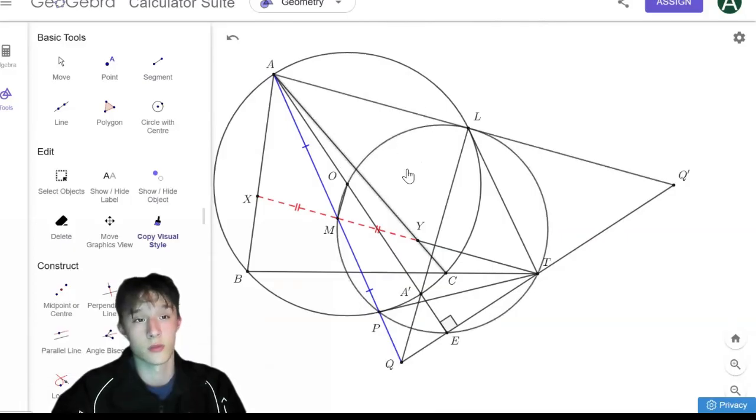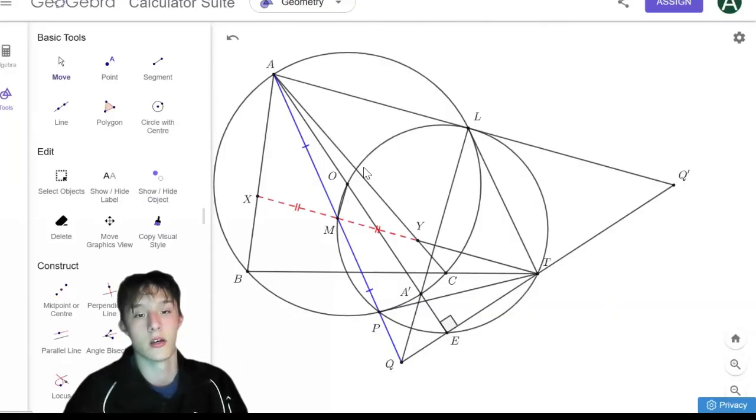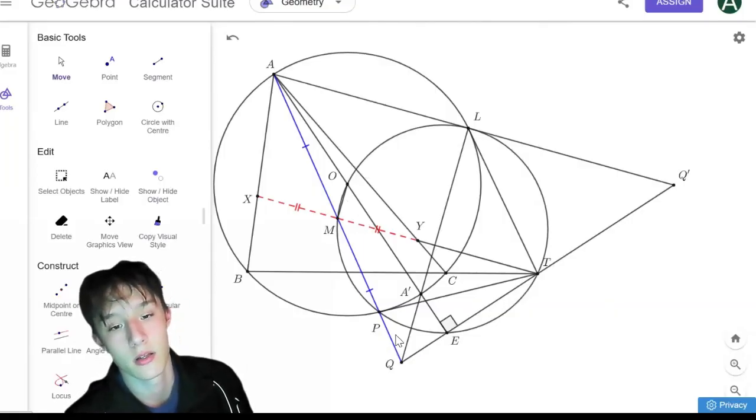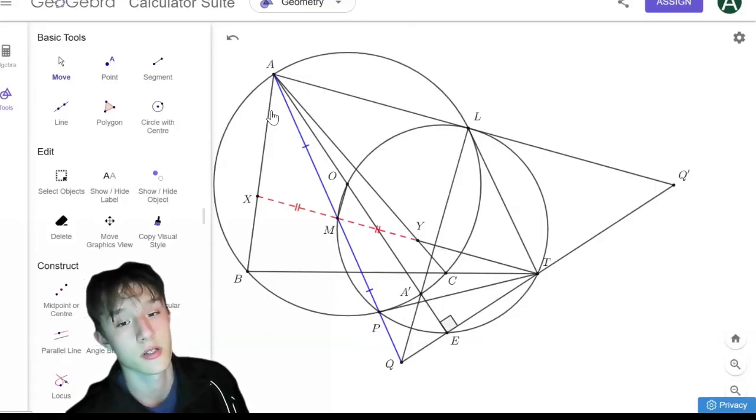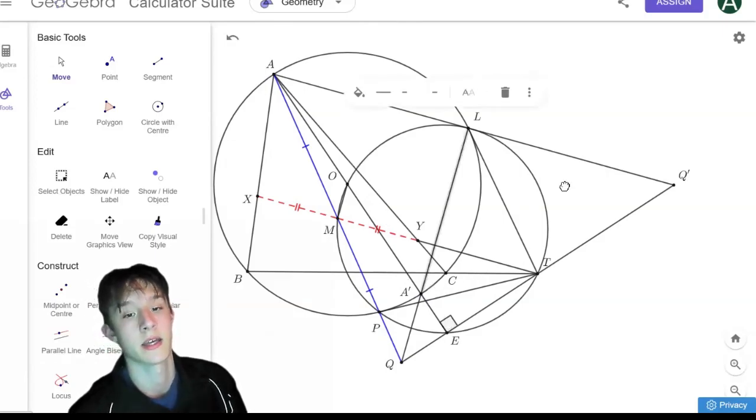Another thing about geometry is you often want to try to rephrase different stuff. So if we rephrase as AL intersecting QT at point Q prime, then we do know that A prime is the orthocenter of triangle AQQ prime, because this is the height and this is the height.